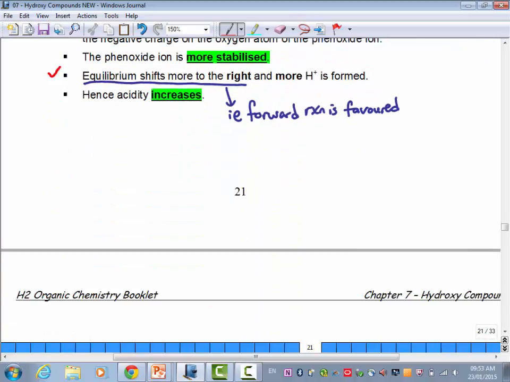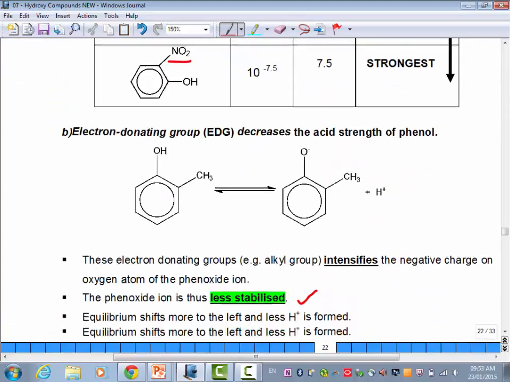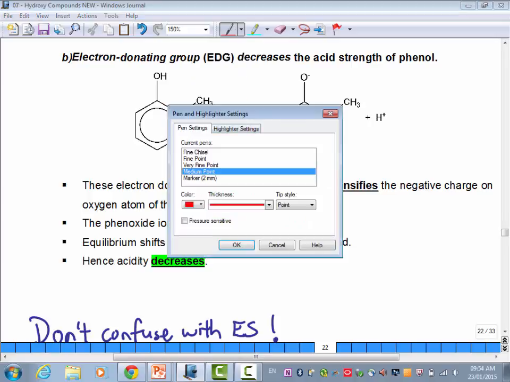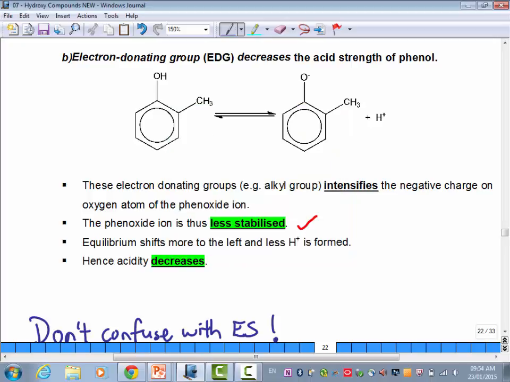Okay, so here you have the electron donating group. Let me use a different color. So just now we see that the arrow is from O minus to Cl, right? So for electron donating, it is the opposite. CH3 will donate electron density towards O minus via the benzene ring.